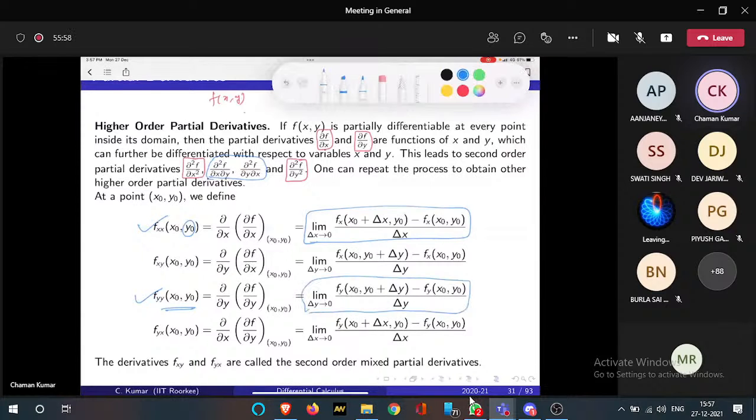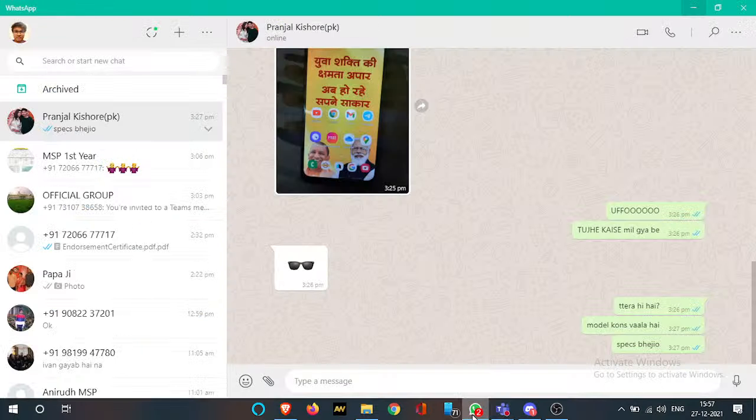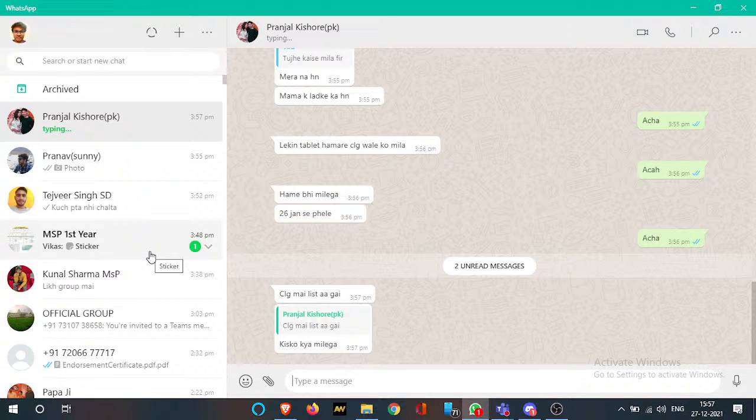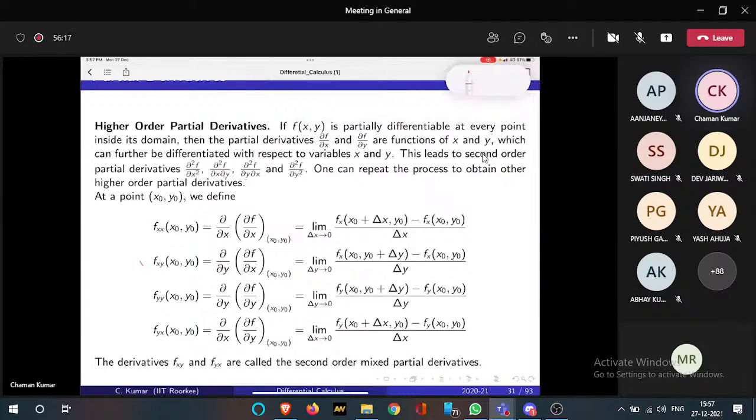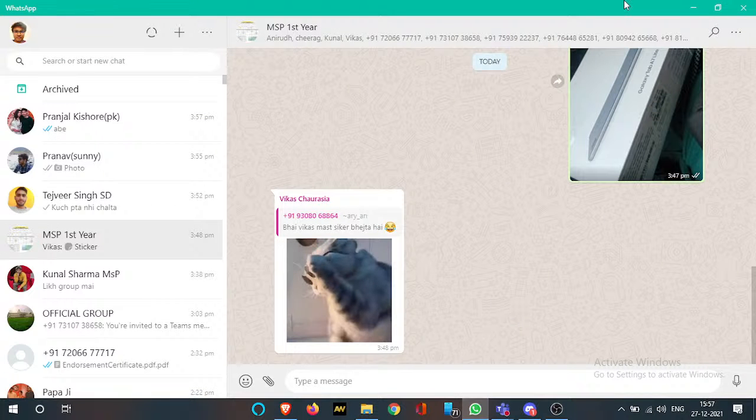Now, how to define these mixed order partial derivatives? For the mixed order partial derivatives, which are these expressions with respect to xy and with respect to yx, you can see that first you have to differentiate with respect to x, and then you differentiate with respect to y.